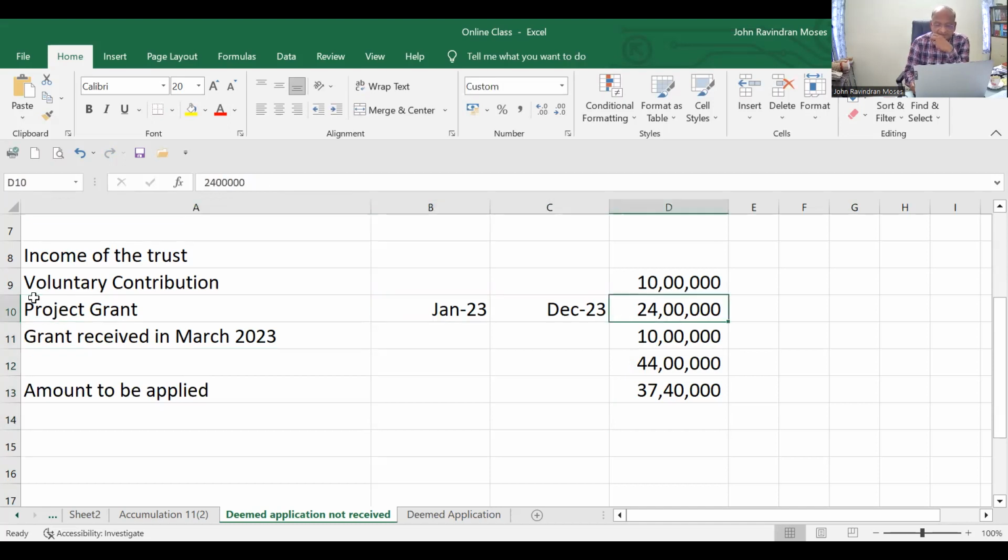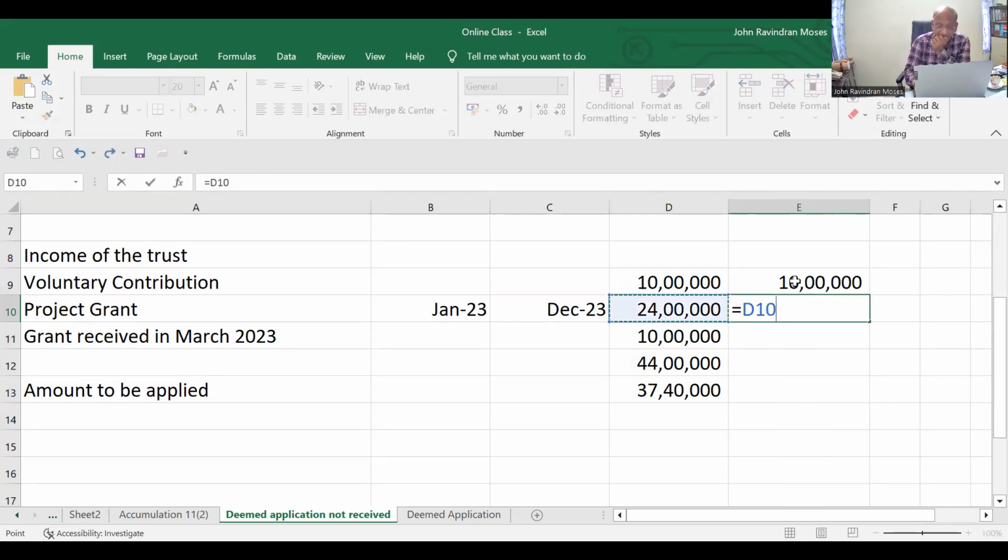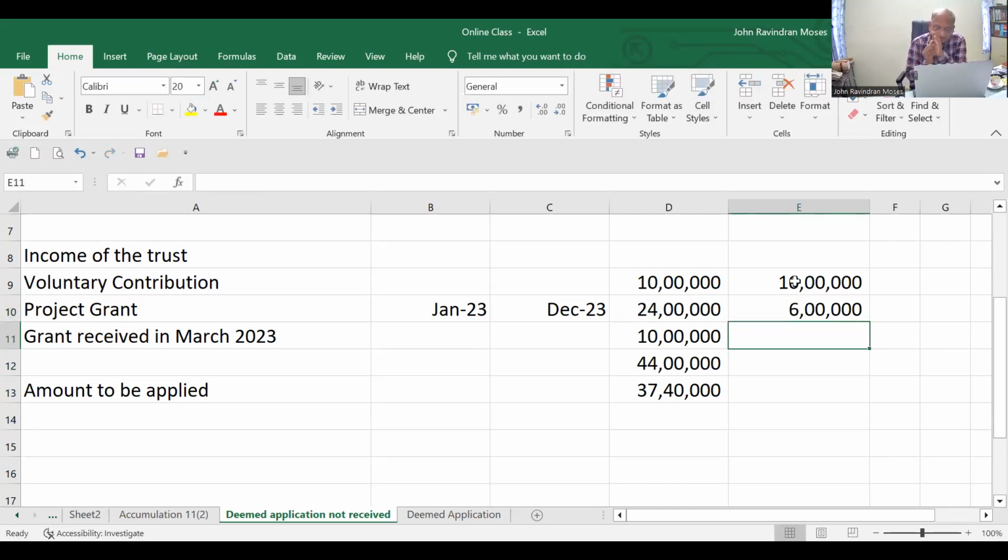Whereas my donor here says, out of the 24 lakhs, you need to spend 2 lakhs every month. So out of this 24 lakhs, how much will I be able to spend? Let me say, I will be able to spend this 10 lakhs completely. And here, I'm expected to spend for 3 months only 6 lakhs rupees, because my donor says every month you spend 2 lakh rupees.